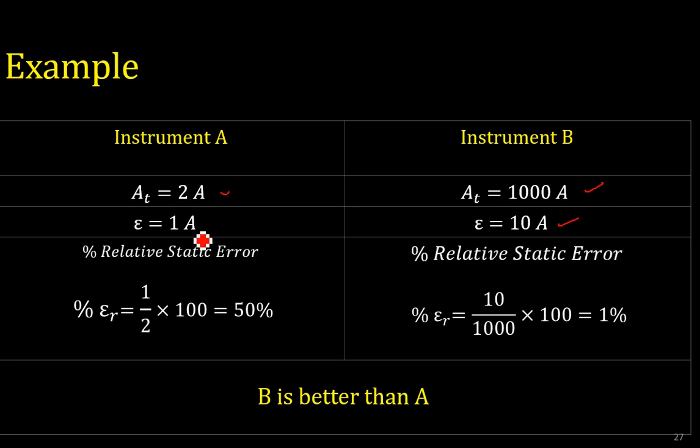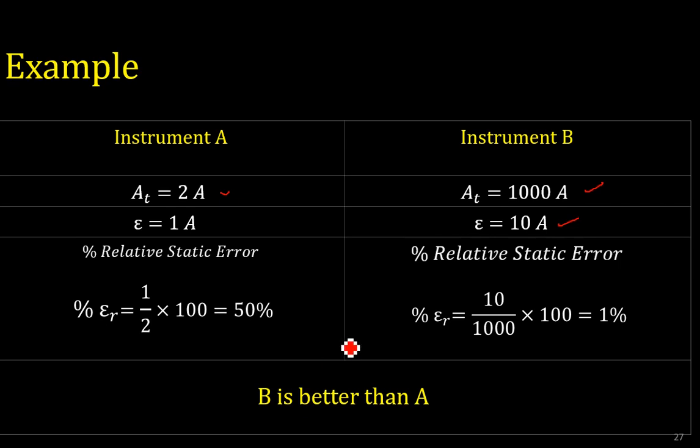So here already the error is given as 1 ampere. So 1 divided by 2 into 100 gives you 50%. So the relative static error is 50% in case of instrument A. In case of instrument B, relative static error is the static error divided by the true value. That is, we'll be getting it as 1%.